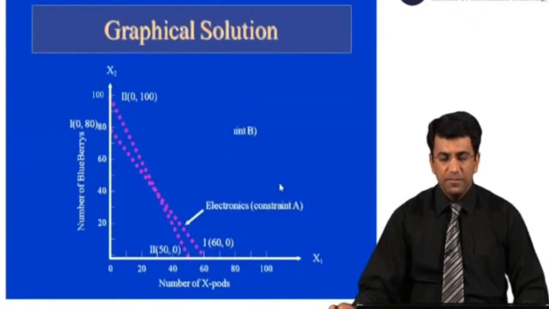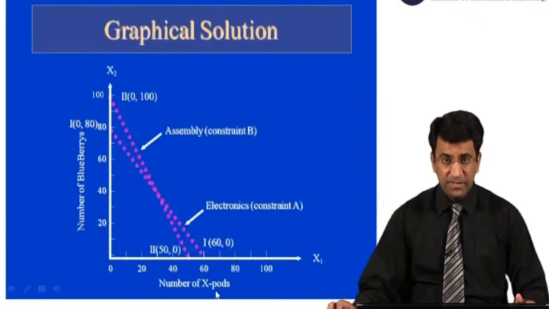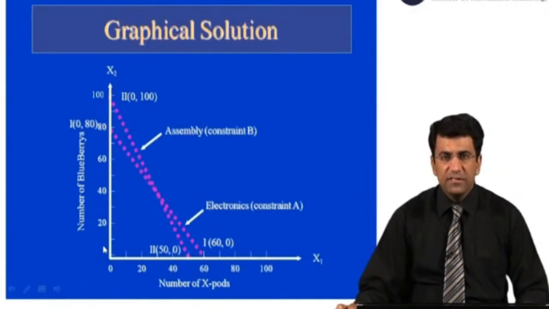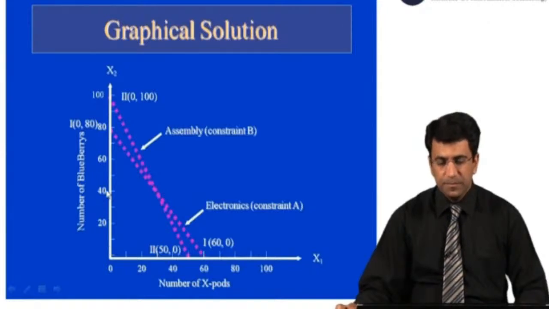Now this is the graph. In this graph, the number of exports, which is represented by x1, is taken on the x-axis, and the number of blueberries, which is represented by x2, is taken on the y-axis. So this is the y-axis, this is the x-axis, that is x1 on the x-axis, x2 on the y-axis.